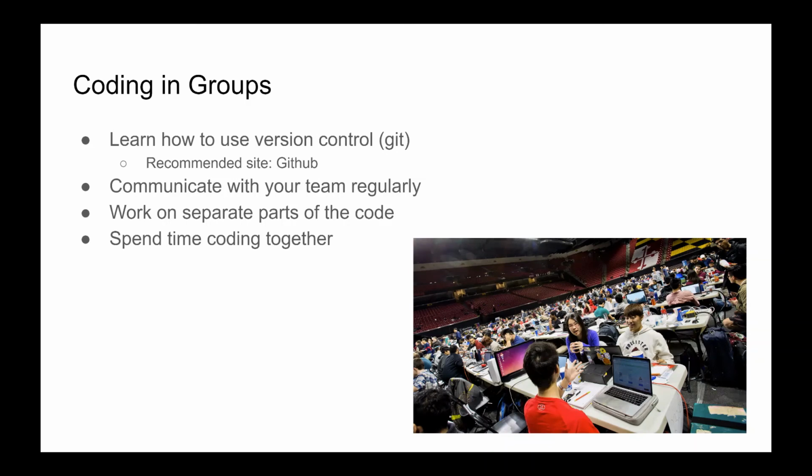This way, you'll be able to keep track of what problems you have, the progress you've made, and what goals you want to set for the next week or the next few days. So basically, make sure you always communicate with your other team members so that they not only know you're working on the code, but also know what problems you're having and what stuff you've done so far.